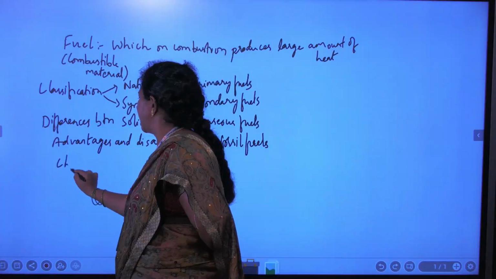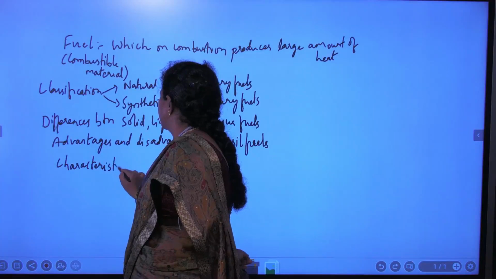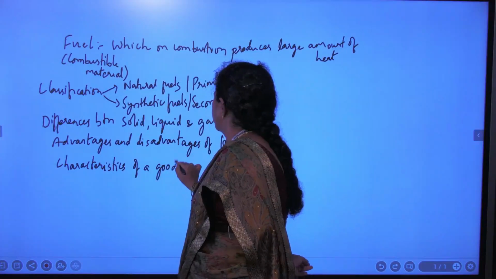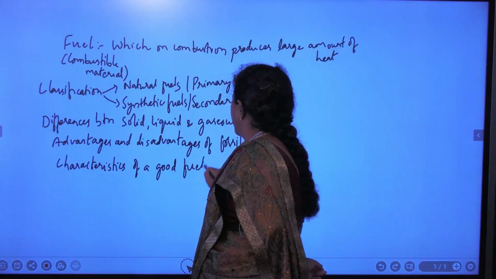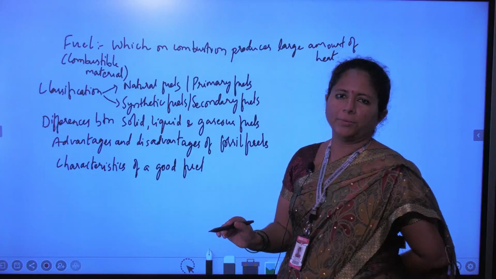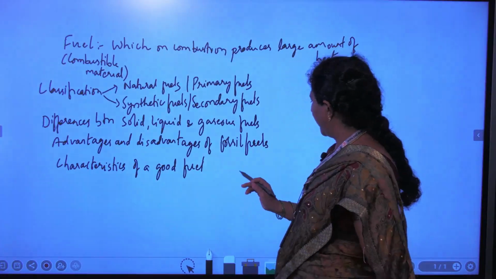Later we have discussed about the characteristics of a good fuel. In that, the first characteristic is calorific value. So now we will discuss in detail about the calorific value.